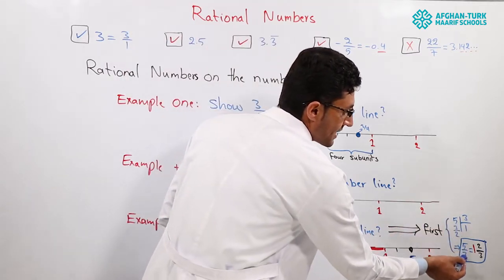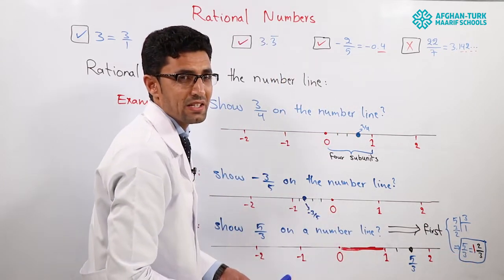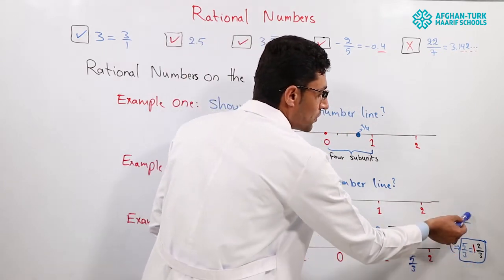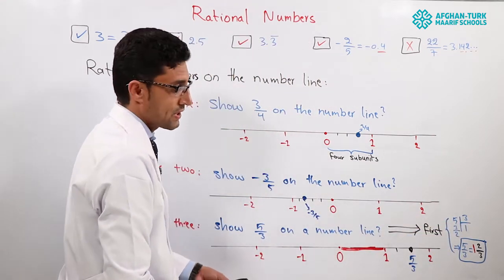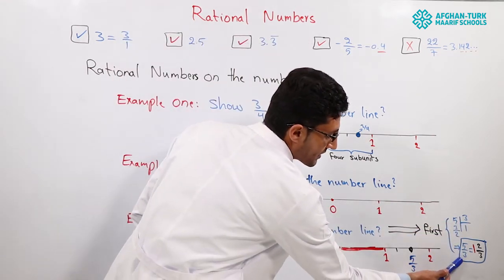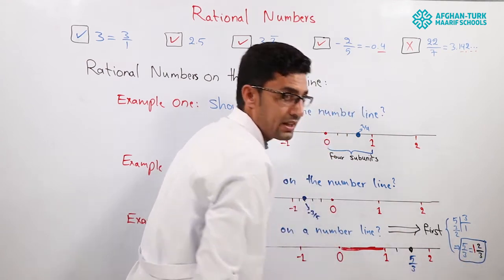5 over 3 is equal to 1 as the whole number, and the fraction is 2 over 3. So 5 over 3 is equal to 1 plus 2 over 3.